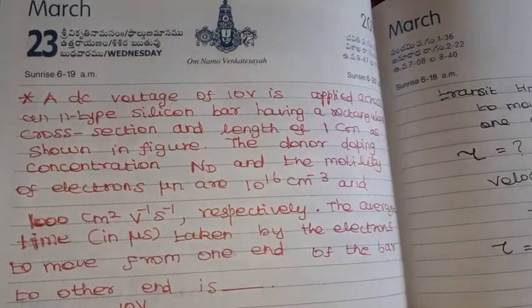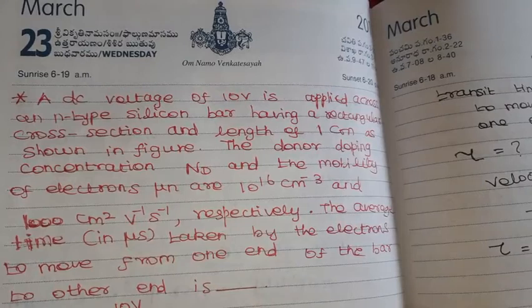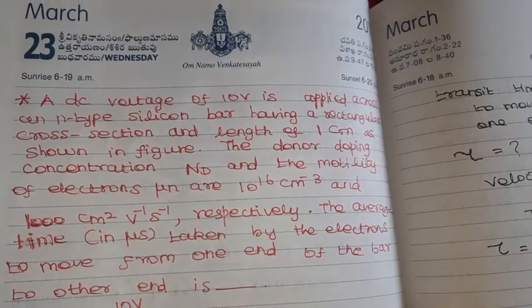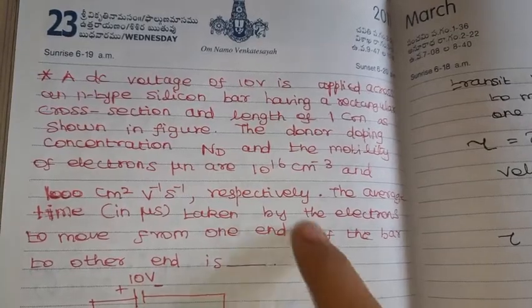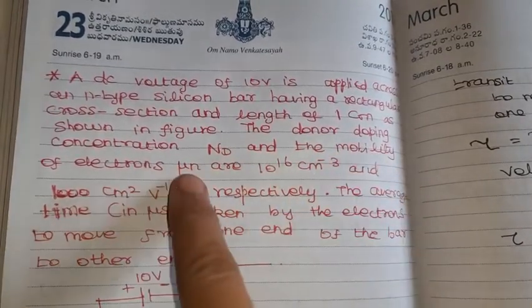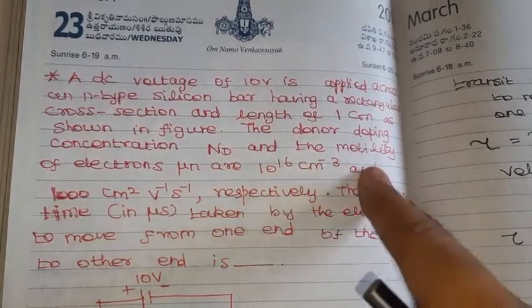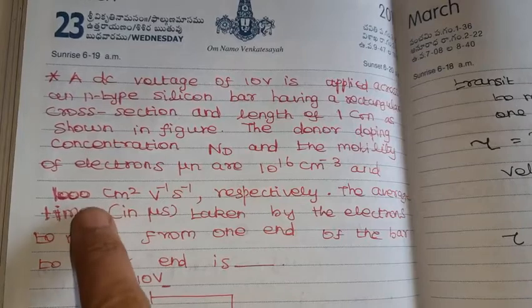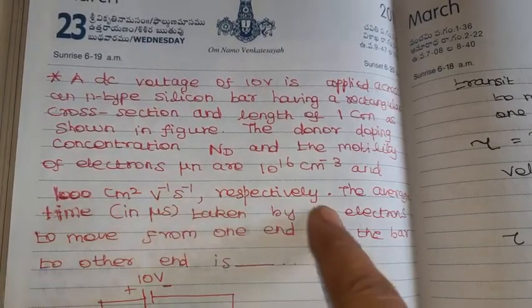Then a DC voltage of 10 volt is applied across an N-type silicon bar having a rectangular cross section and a length of 1 centimeter, as shown in the figure. The donor doping concentration Nd and the mobility of electrons mu n are 10 power 16 centimeter power minus 3 and 100,000 centimeter square V power minus 1 S power minus 1 respectively.